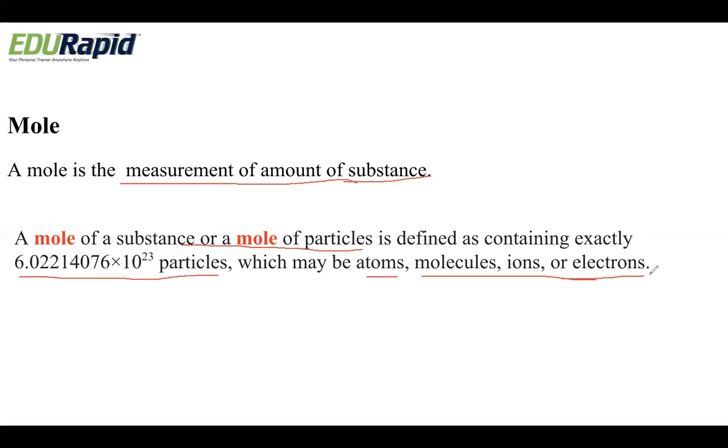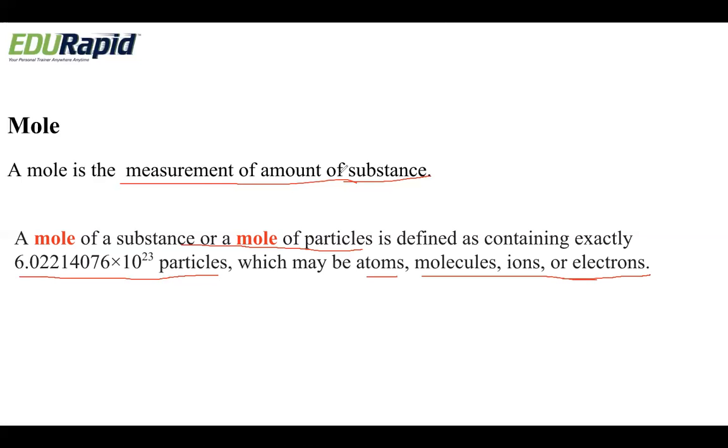Whenever we want to measure any substance, say for example 1 kg of sugar, or 1 liter of water, to measure the chemicals we use a unit, that is a mole. So what do you mean by mole? Here 1 mole consists of how many particles? 6.022140076 into 10 to the power of 23.